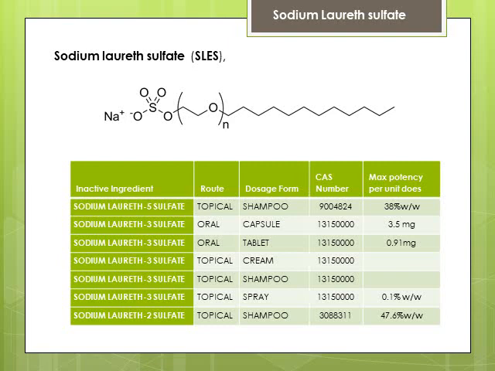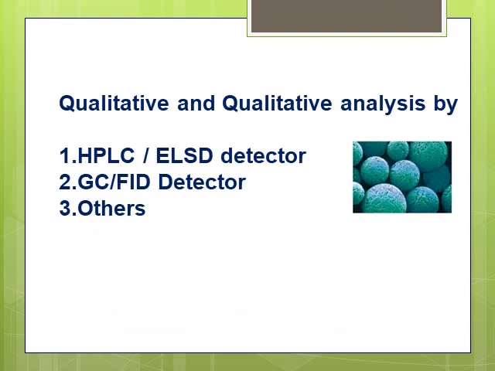I'm quite sure that SLES does not have a USP monograph, so it is not a USP or NF grade, but it is listed in the FDA IID database, and it has been used in approved drug products. For qualitative and quantitative analysis, I'm going to talk about HPLC with the ELSD detector and GC.